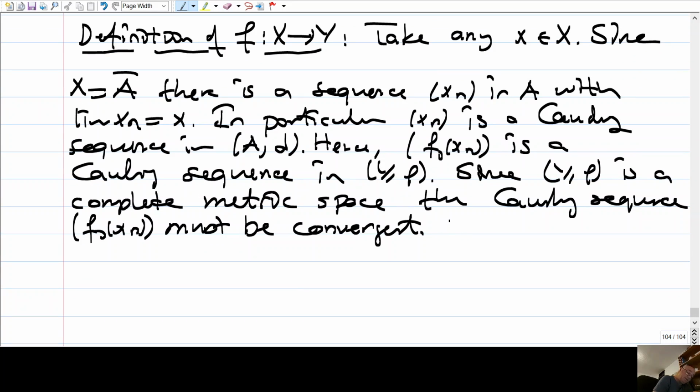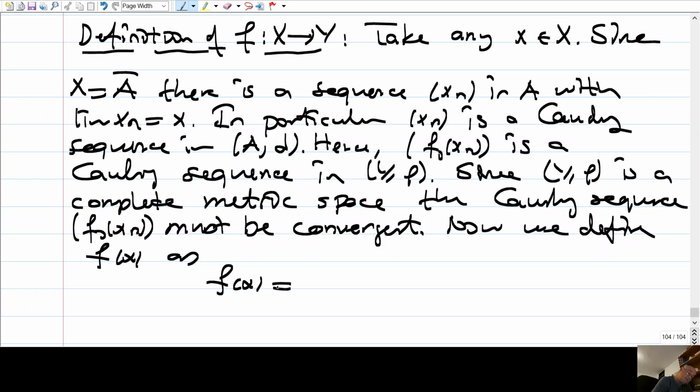And now I would like to define the value of f at x. Here is the definition: f of x is the limit of f0 of xn as n goes to infinity. Since it is convergent, its limit exists, and I define f of x as this limit.